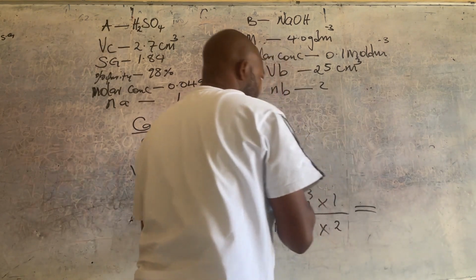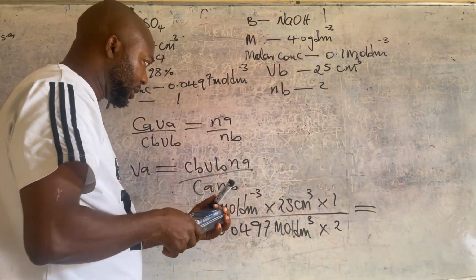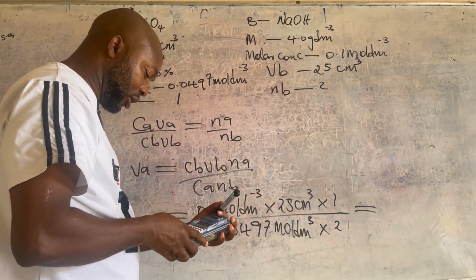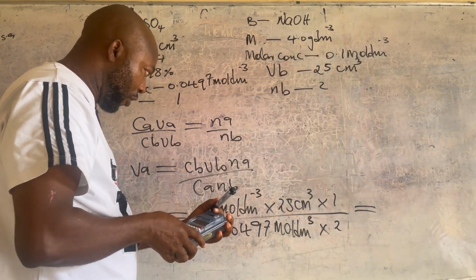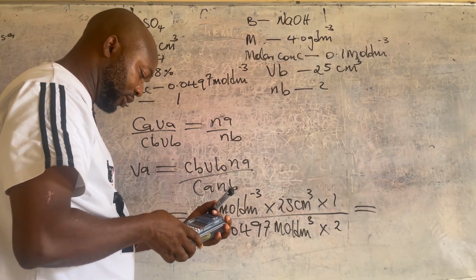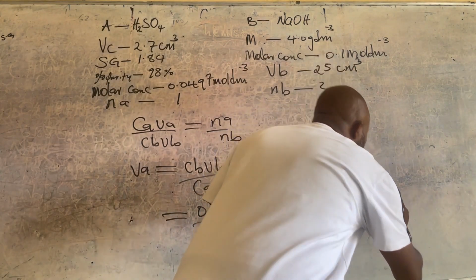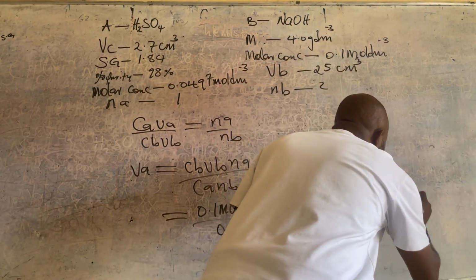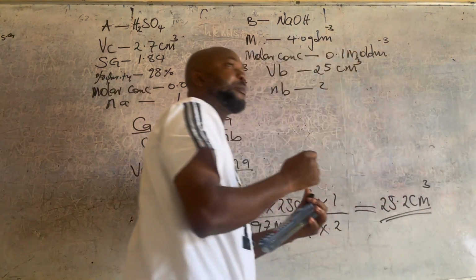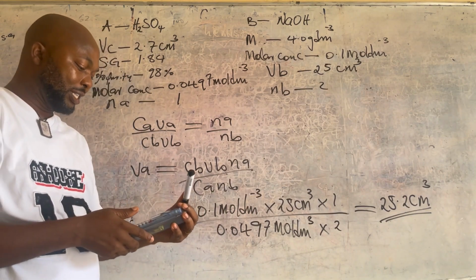So if I have 0.1 times 25, divided by 0.0497 times 2, that is 25.15. So 25.2 cm cube. The endpoint for the reaction is 25.2 cm3.